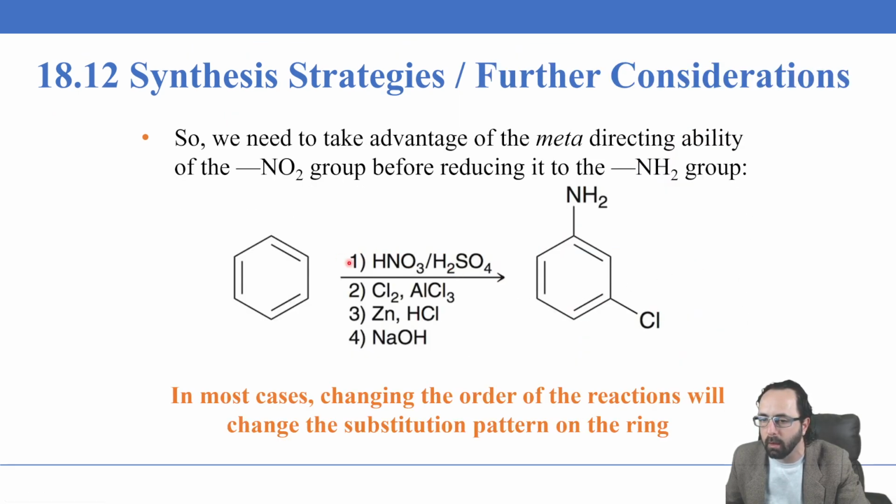So first we install the nitro group, then we install the chlorine atom at the meta position, then we reduce the nitro group to an amine, and then we have the product that we want. When we're thinking of synthesis, we have to not just think of the reactions, we have to think about the ortho-meta-para direction of the reactions.